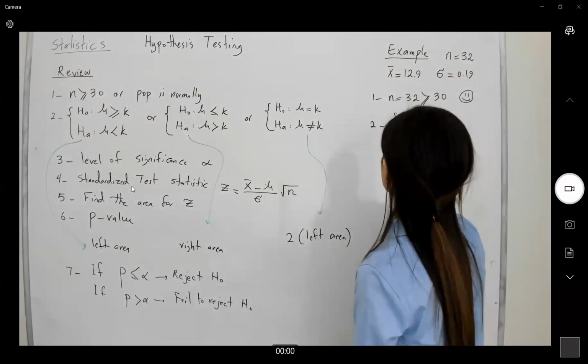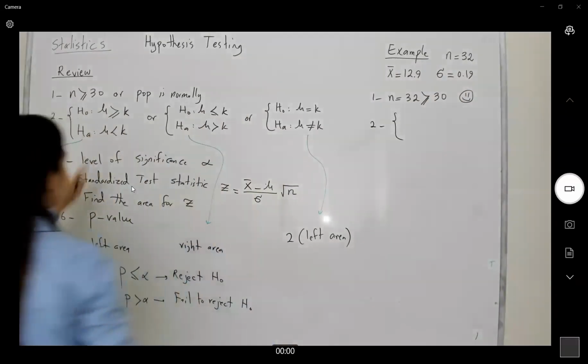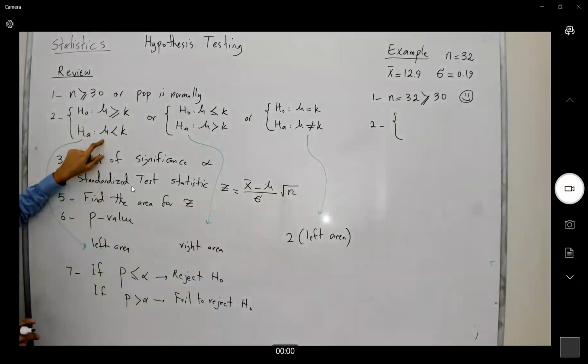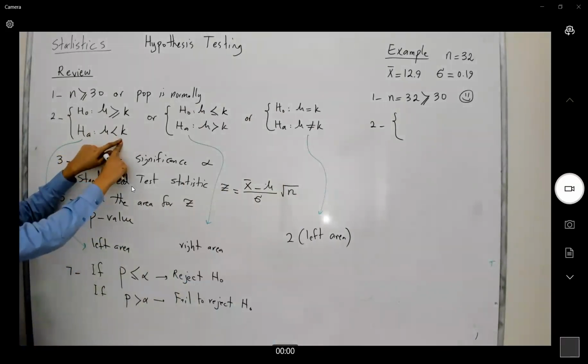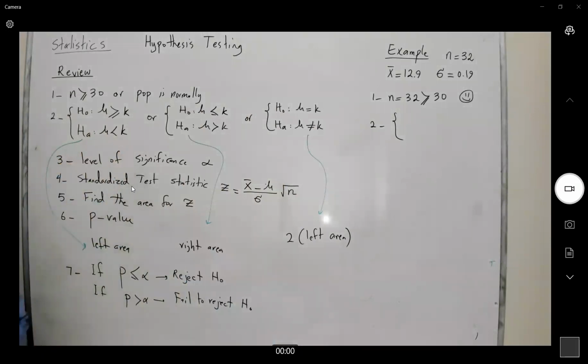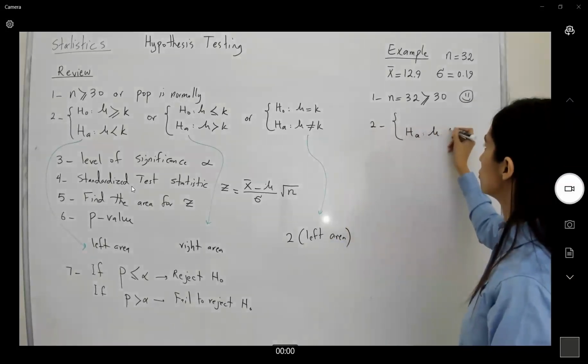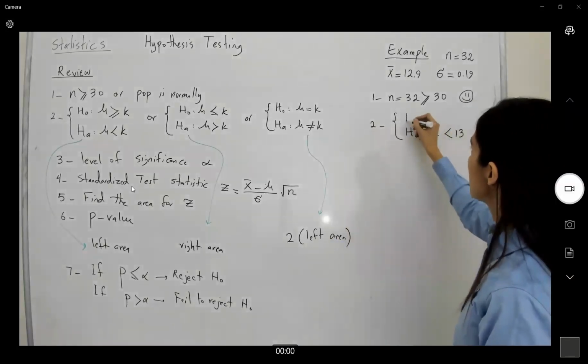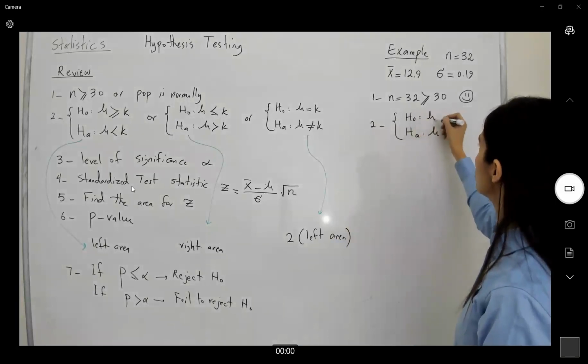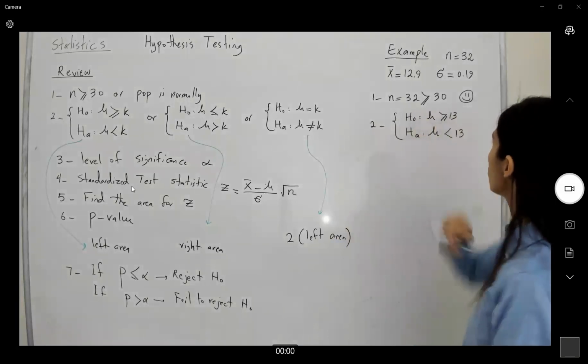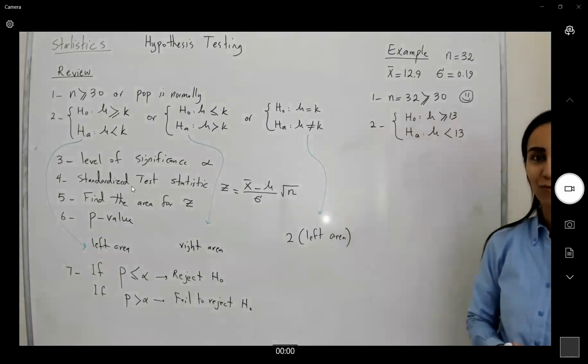First one. Very good. Why is that? Because it says the mean time is less than 13 seconds. HA is given, mu is less than 13 seconds. H naught, mu is greater than or equal to 13 seconds.